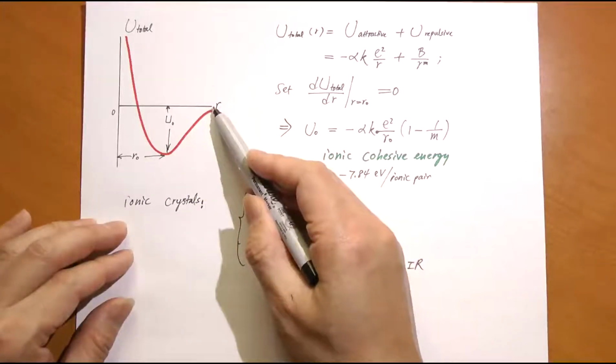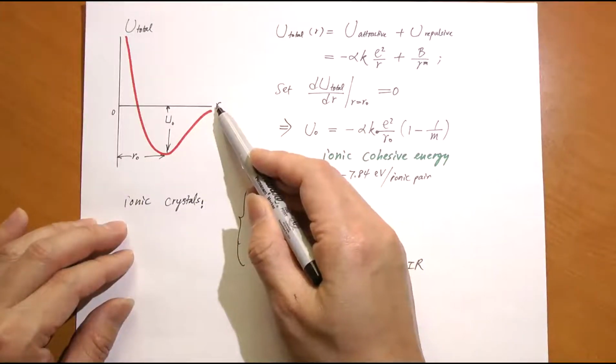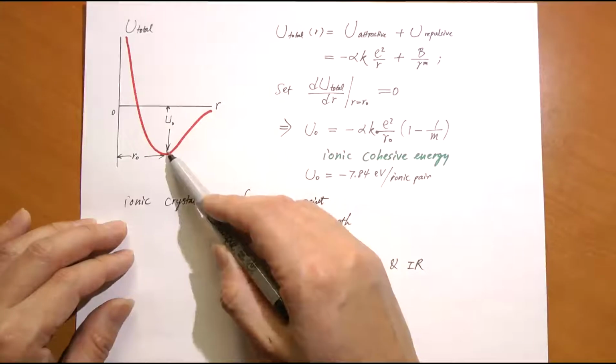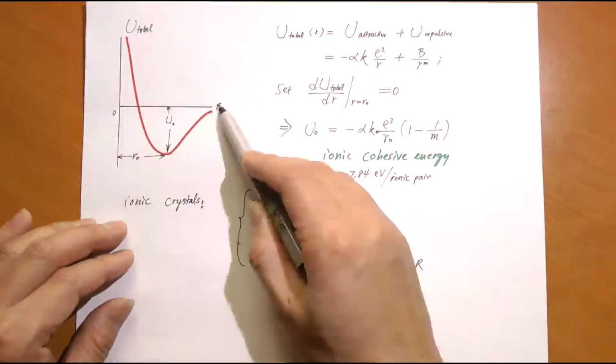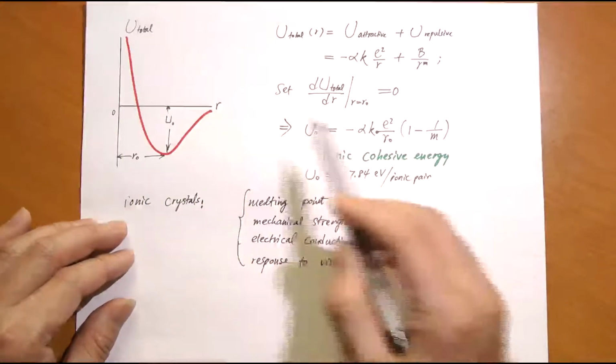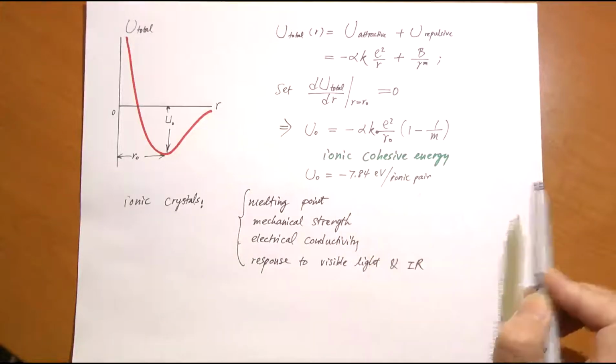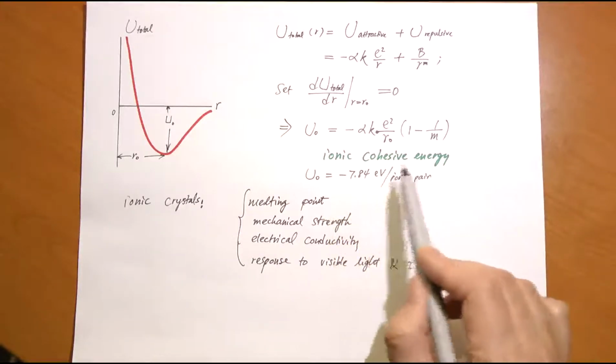You have to do work. How much work? The work you have to do to separate each pair of ions is U naught, because you have to take the energy from this negative value to 0 when R equals infinity. So you have to give each pair of NaCl ions this much energy in order to break them apart. This is called ionic cohesive energy.